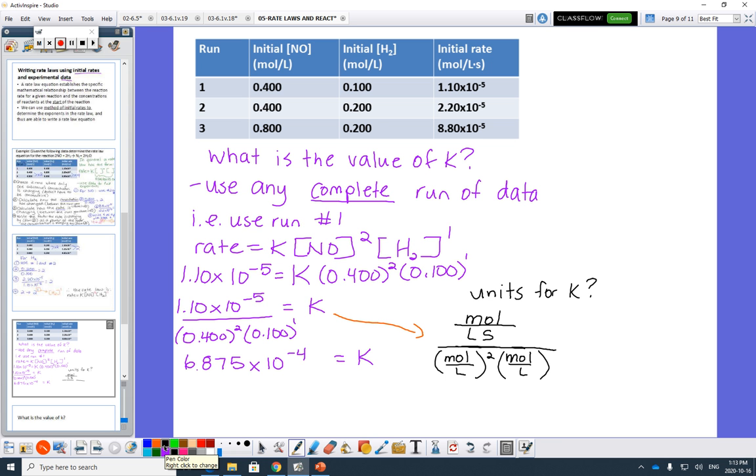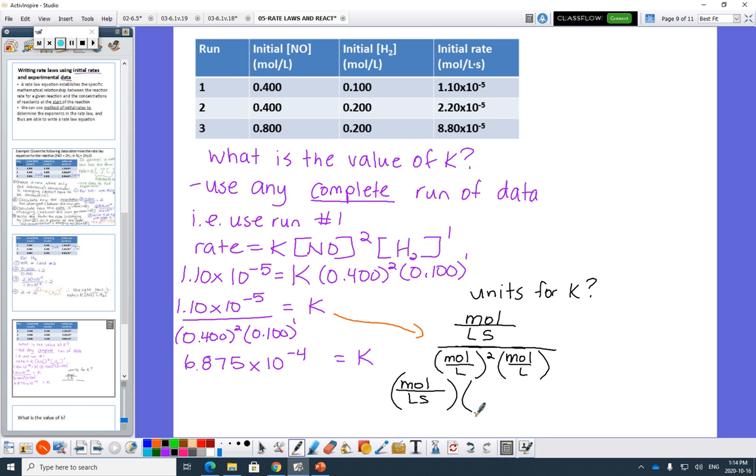So you have to remember some basic principles about multiplying, dividing, and exponents, okay? If you divide fractions, you have to flip and multiply. So now the liters are going to be on the top.